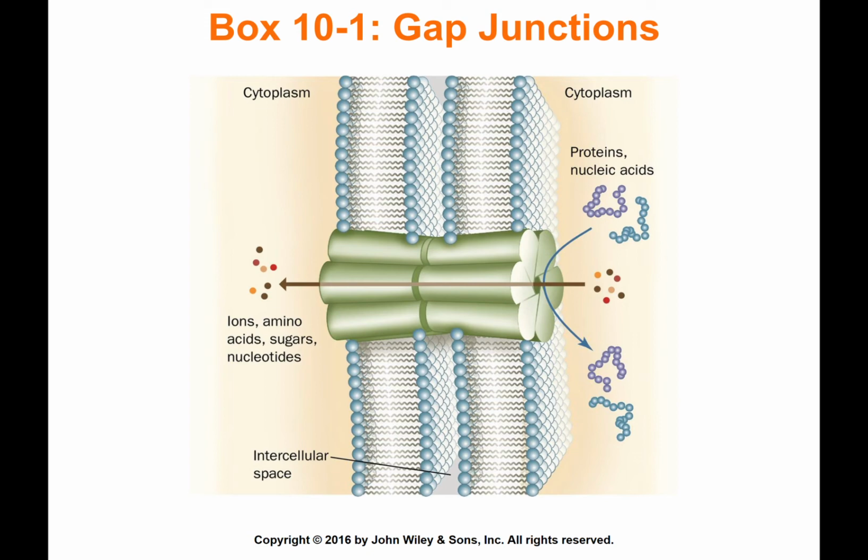So gap junctions are pores that physically link two cells together and actually allow for transport of different chemicals directly from the inside of one cell to the inside of another cell without ever being outside the cell, right? So what we have here are basically two cells, a cell on the left here and another cell on the right, right?